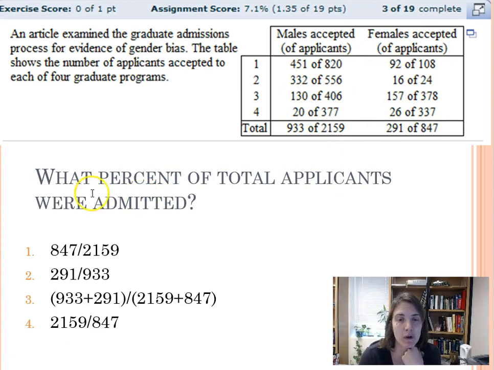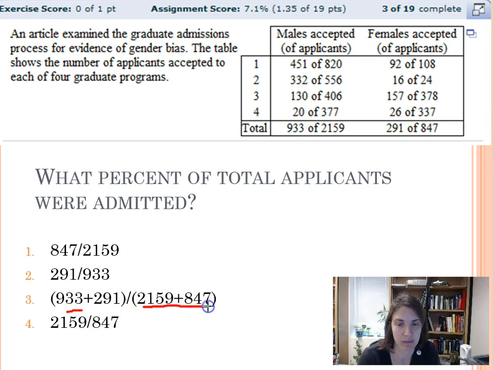When we want to look at the overall acceptance rate of those admitted into these programs, we want to add up the total number of accepted applicants, both male and female, along with the total number of applicants.